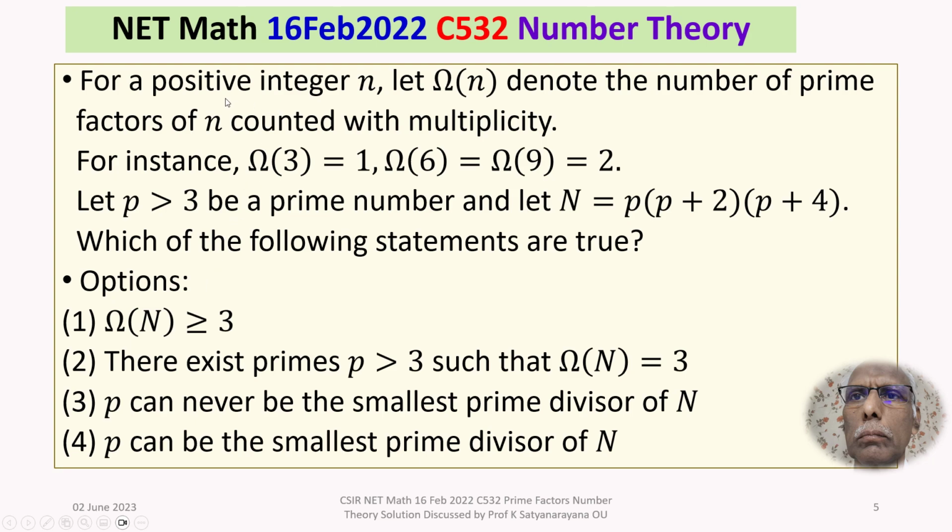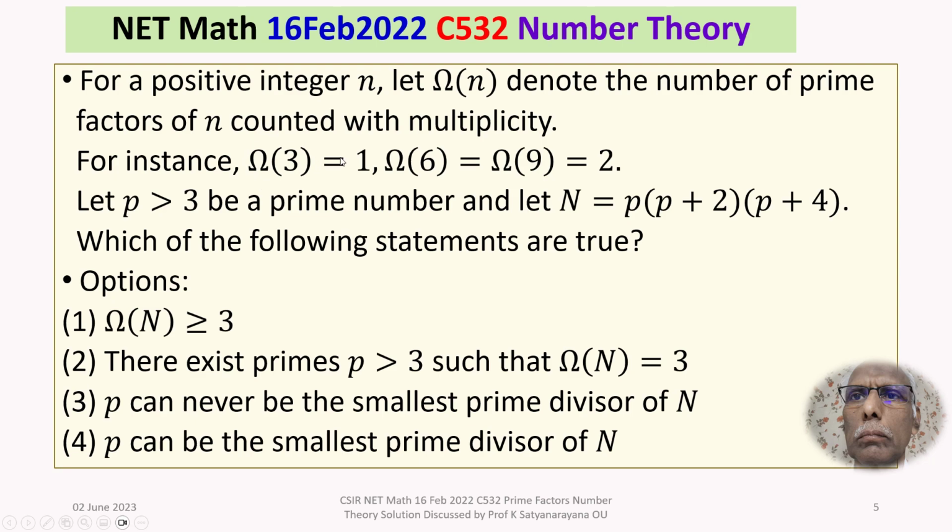We are given a definition for omega of small n, where small n is a positive integer. So for a positive integer n, omega n is defined as the number of prime factors of n counted with multiplicity. You are given an example also.